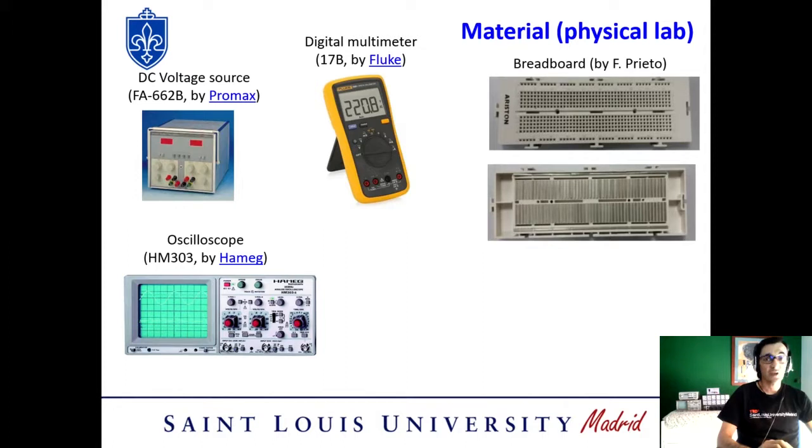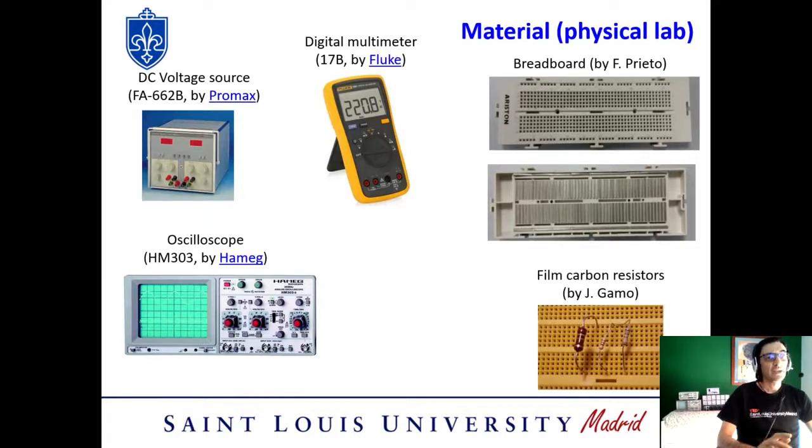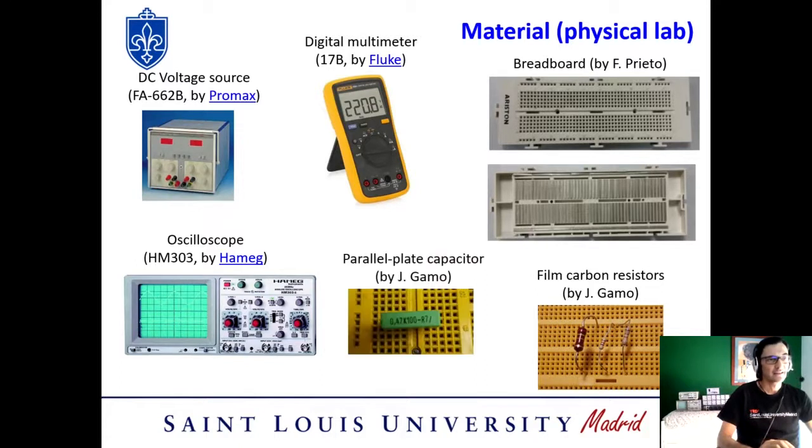We also have the breadboard, and we know what the breadboard is. That's the element that allows us to connect resistors, voltage sources, capacitors, etc. We have film carbon resistors, which are the usual ones we know, and we can associate them in series, in parallel, and we also have capacitors like these ones.